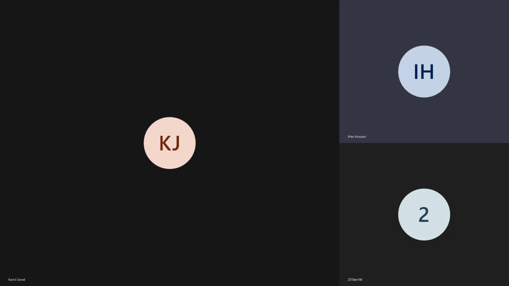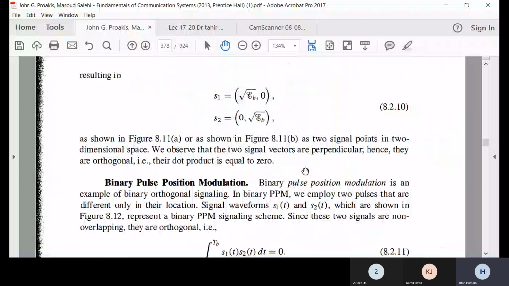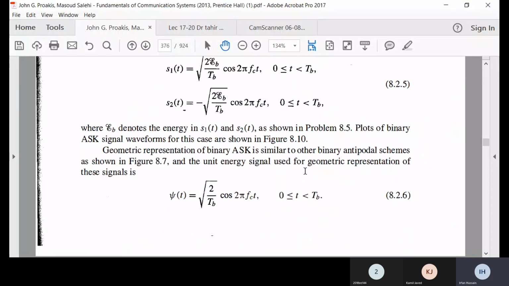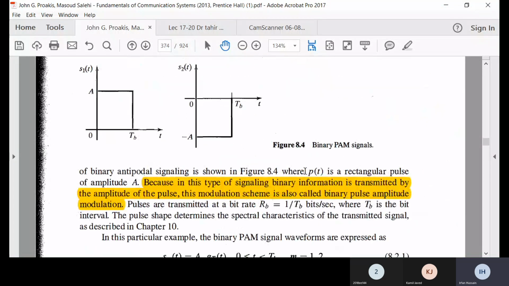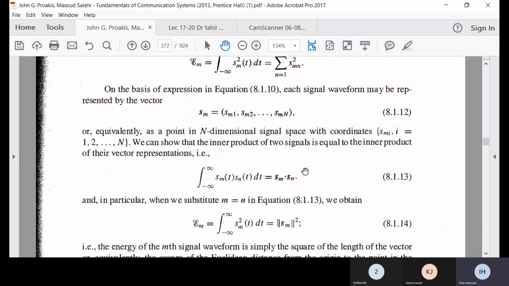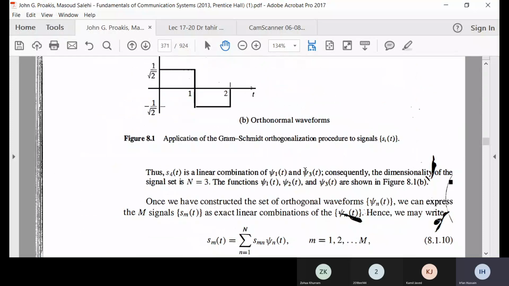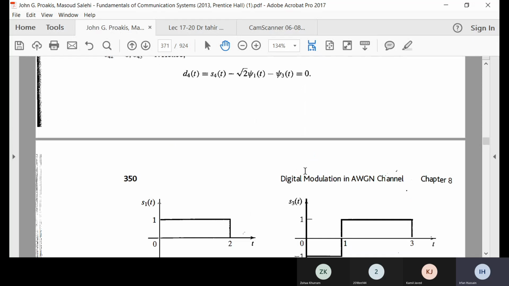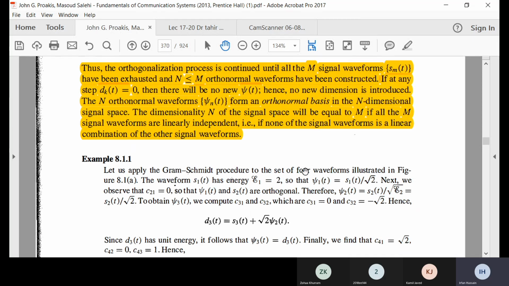Already in the last lecture we had started studying chapter 8, and we were observing a procedure for orthogonalization of signals, called the Gram-Schmidt procedure.